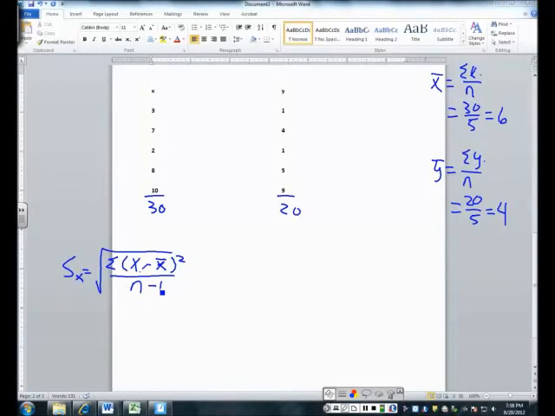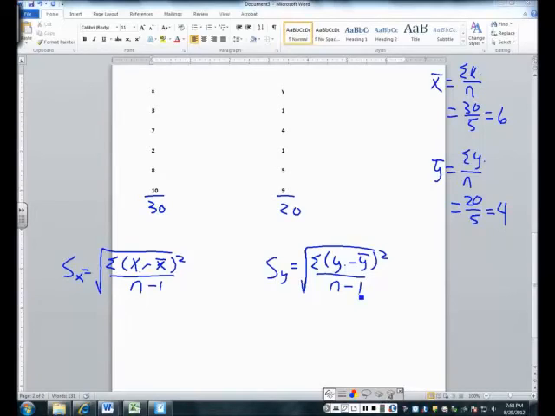And for the y's, s y is equal to the square root of the sum of the y sub i minus y bar squared divided by n minus 1.